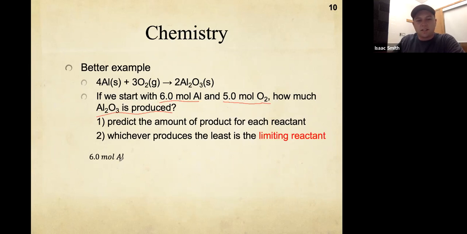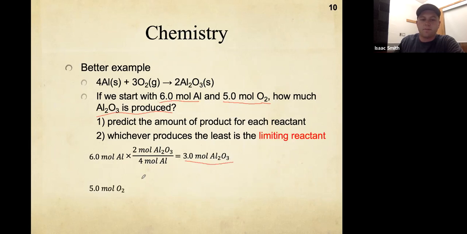Okay, so let's start with the 6 moles of aluminum. We don't need to convert from grams to moles because we're already in moles of aluminum. Okay, and if we convert then from moles of aluminum to moles of aluminum oxide, which is what the product is, right? It tells us that 6 moles of aluminum would produce 3 moles of aluminum oxide.